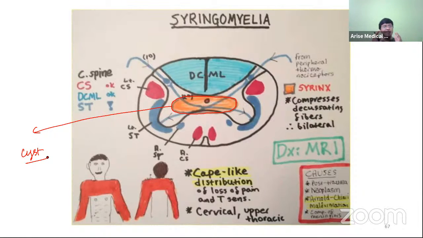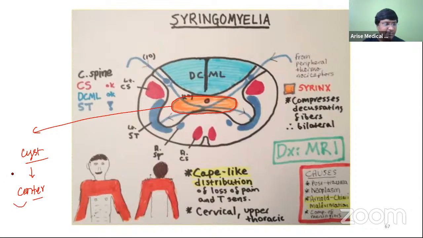Now let me try and explain in a very conceptual manner what is happening due to the presence of the cyst. Where exactly is it present? In the center of the spinal cord.